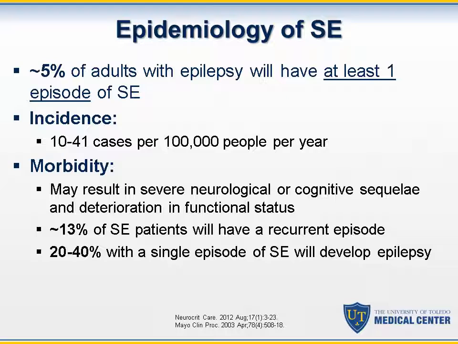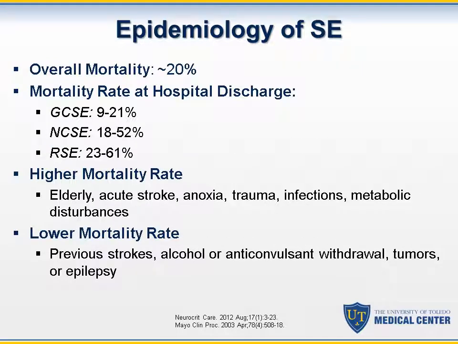Around 13% of SE patients will have a recurrent episode. And in patients with no history of seizures, about 20 to 40% with a single episode of SE will develop epilepsy. Overall mortality is generally about 20%, but has ranged from the percentages listed there at hospital discharge in previous studies.